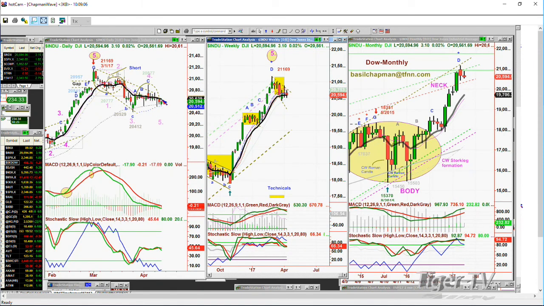For days, it's been under the 9-period exponential moving average, which is at 20,630. We're now at 20,595. Sure, it can get there, but the MACD and stochastic are not really showing too much strength right here, and that arch formation is suggesting that there's going to be a test of the 20,412 area for wave 5 in the Chapman wave, and that'll be leg D in the daily chart of the Dow.